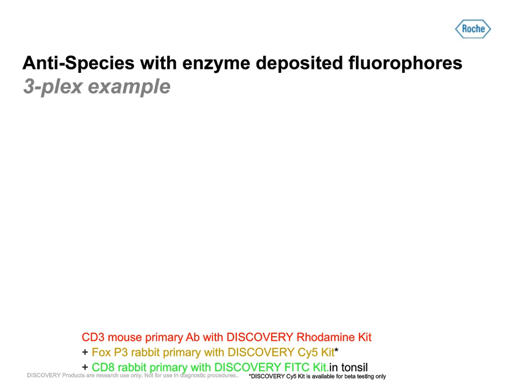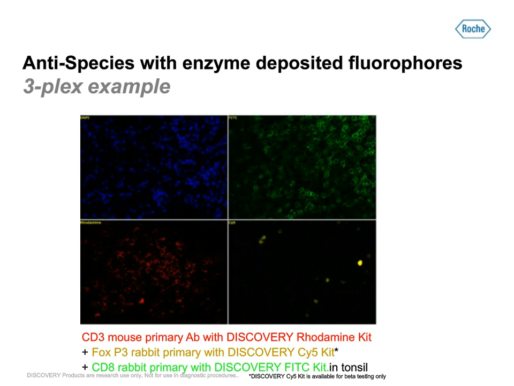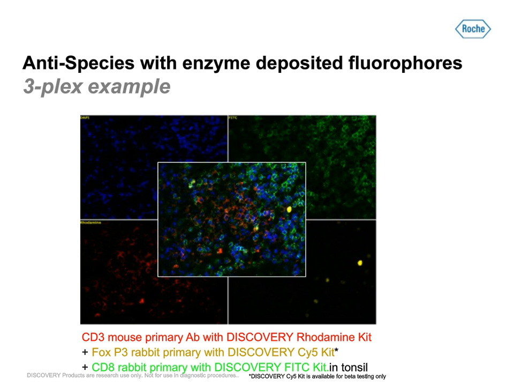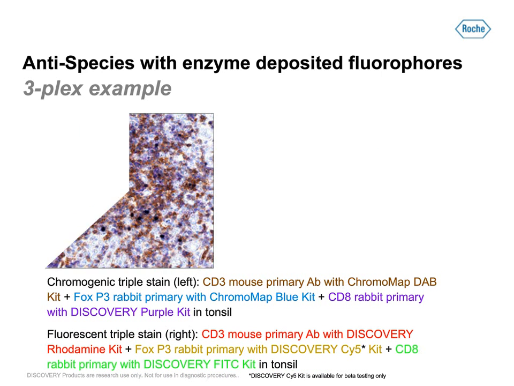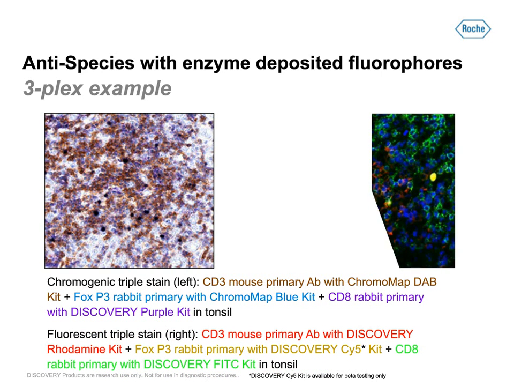Okay, so here's an example of just using our fluorophores for a triple stain. You can see here the ability to separate each from each channel. And just an example showing how one can easily transfer an assay from brightfield into fluorescence.